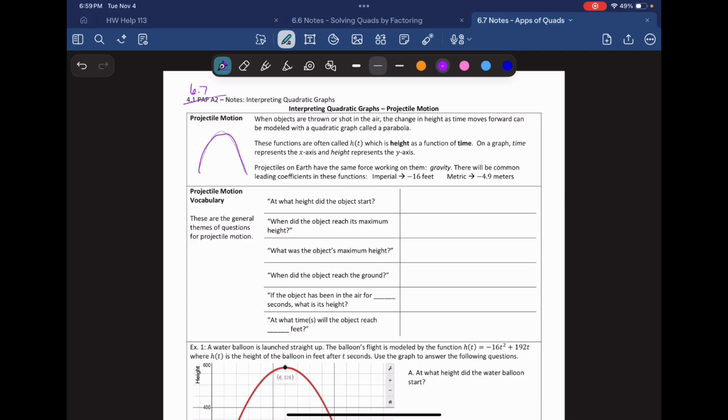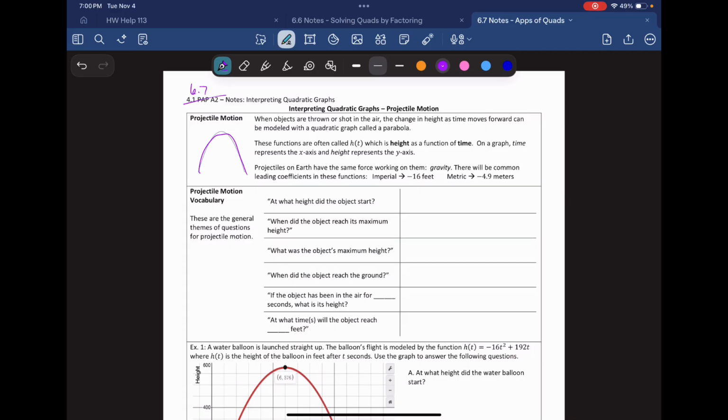Numbers that you'll see a lot are -16 and -4.9, depending on whether they are in imperial, so using the United States system, or metric. -16 would be imperial and -4.9 would be metric. It's how gravity affects projectile motion.